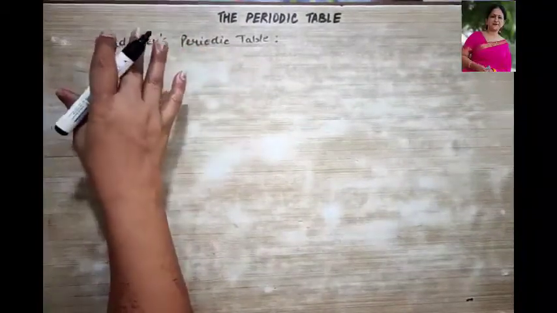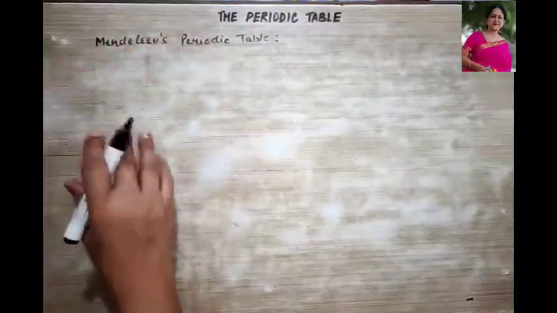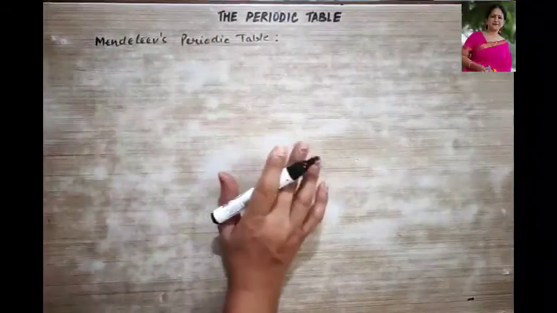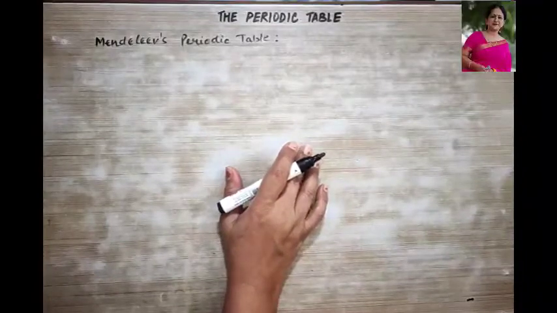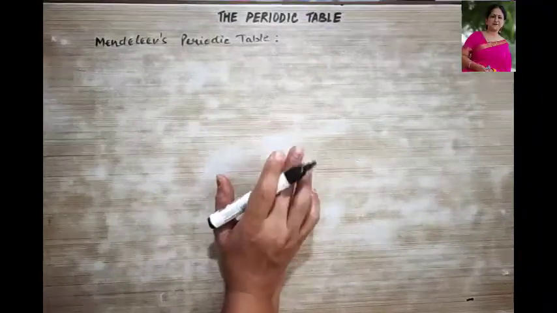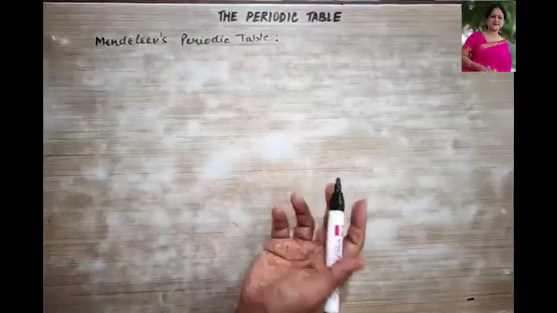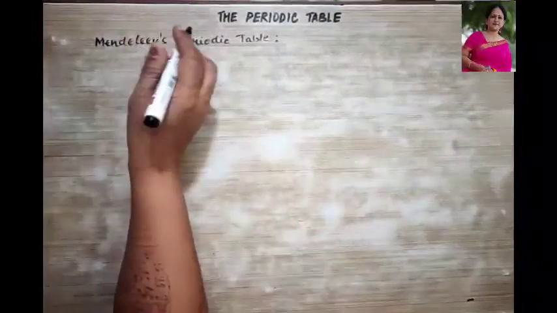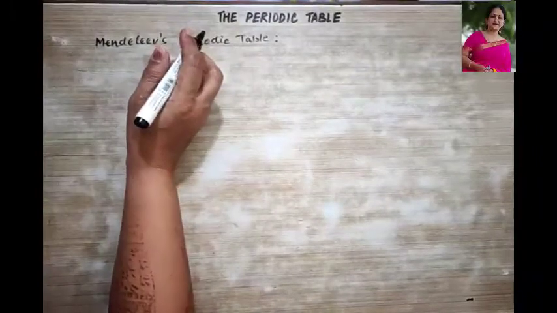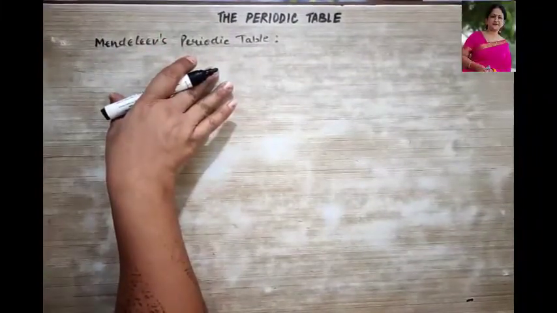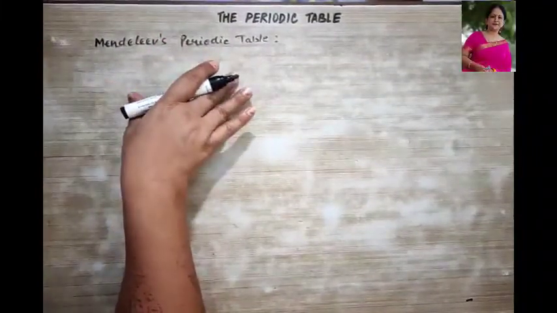He had given a certain law. What was that law? That all the elements were arranged in the table in the form of increasing atomic masses or increasing atomic weight. Is that very clear? So his periodic function of the atom depended upon what?